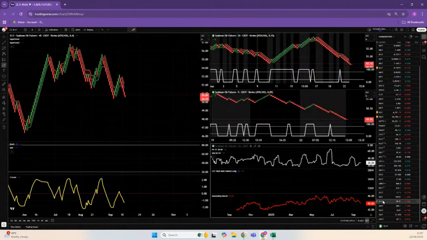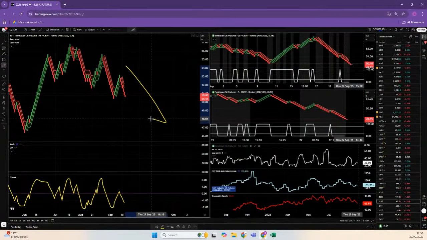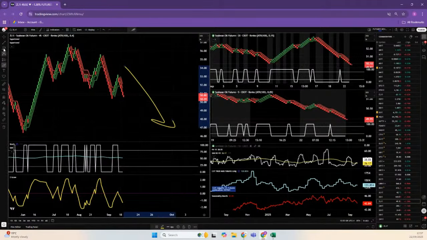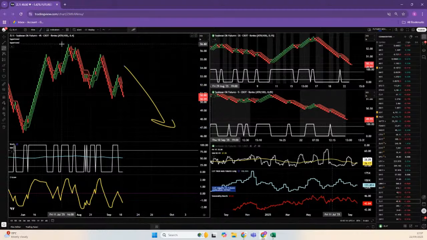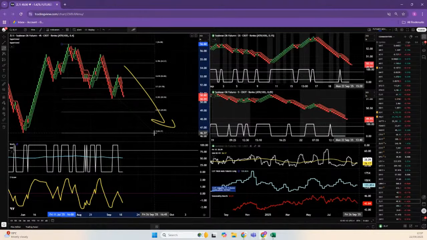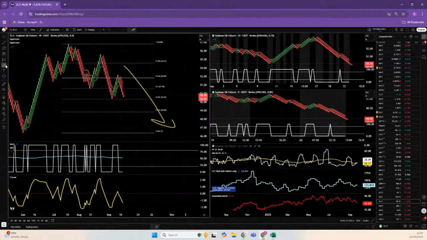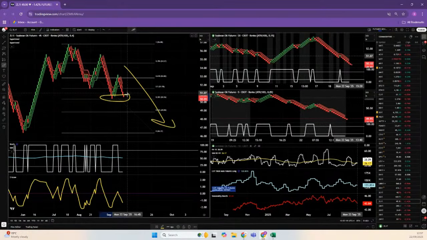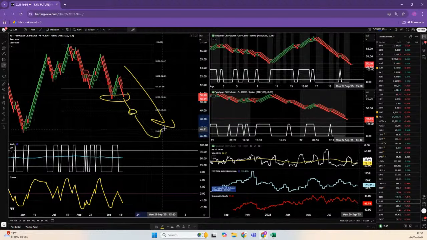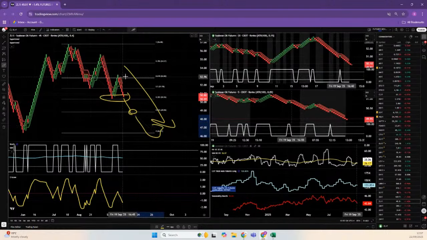Then oil, looking a bit weak. Again, a nice one, I reckon, for the Fibonacci's. Obviously we've got this area around 50, then late 48s, 49, and then back to the lows at 46.